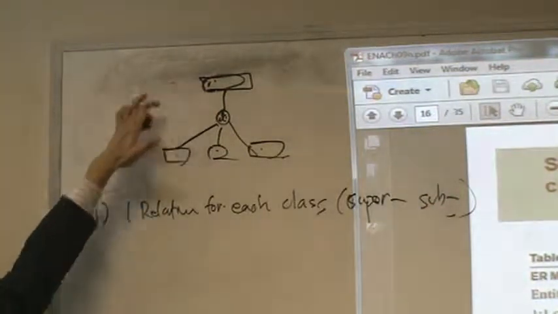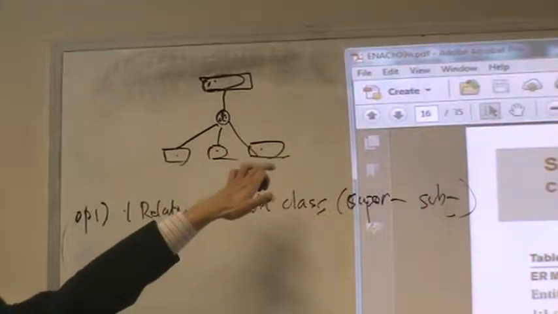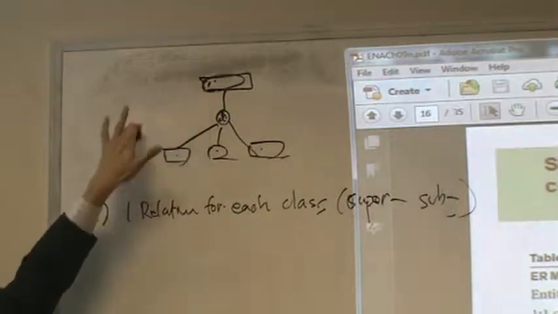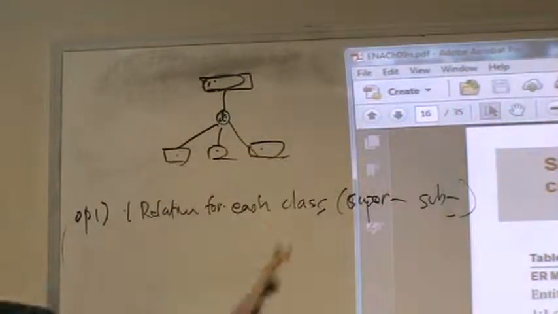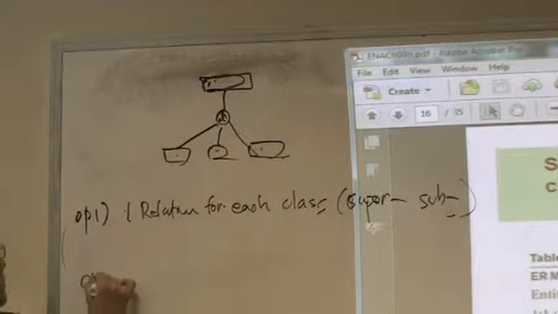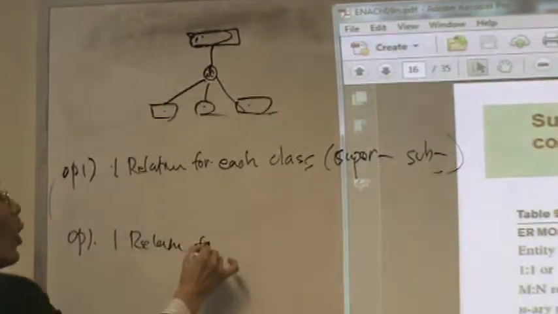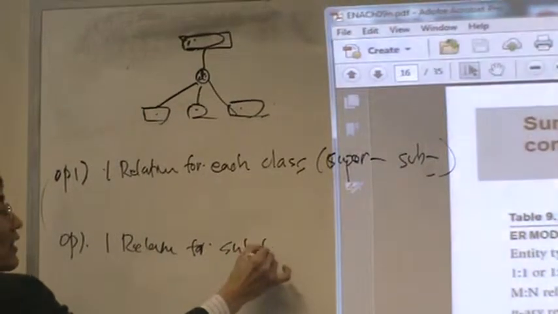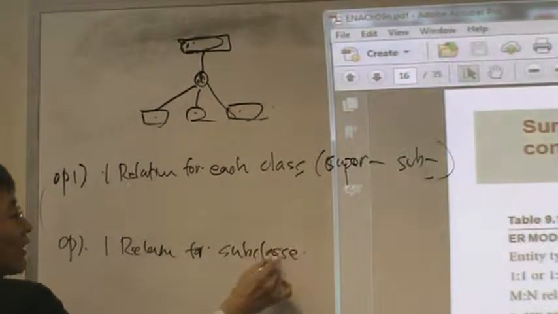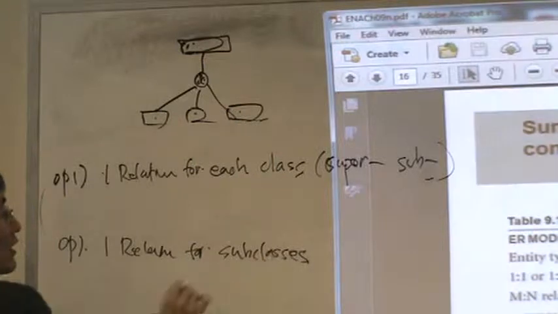In this case, how many relations? 1, 2, 3, 4. 4 tables will be created. The second option is one relation for only the subclasses.